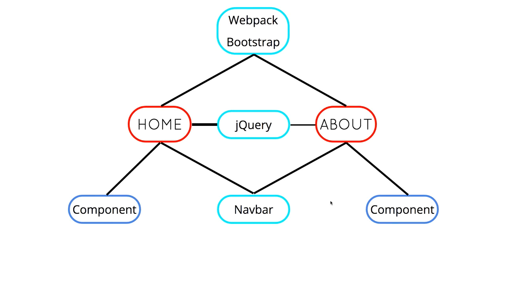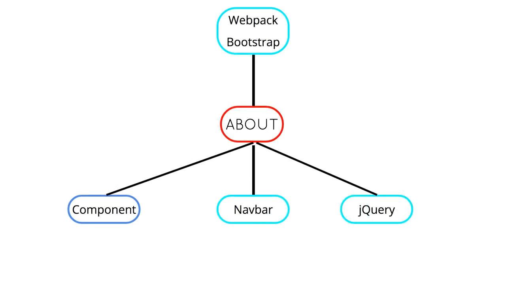So basically, as you can see here, we have three shared modules: the Webpack Bootstrap, jQuery, and the navbar code. So you can imagine that delivering all of this to the client, or even just this, is kind of inefficient. There's no need for us to send that much code at once.